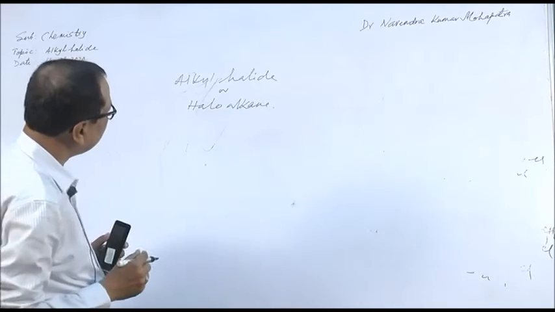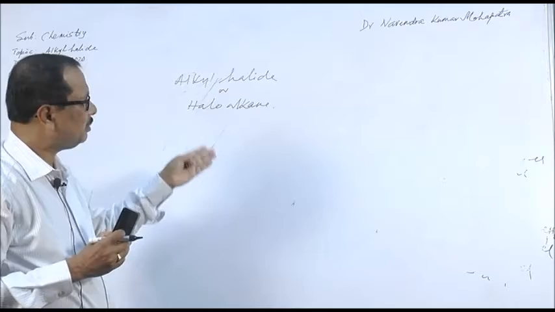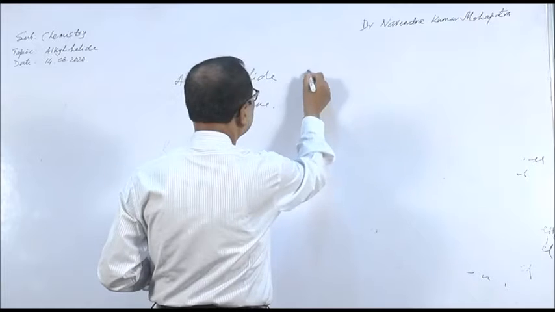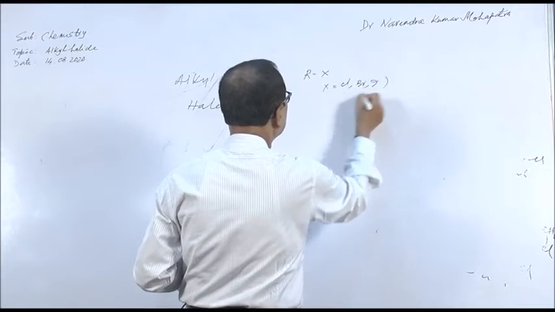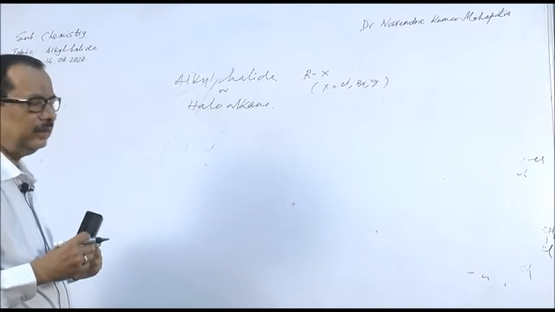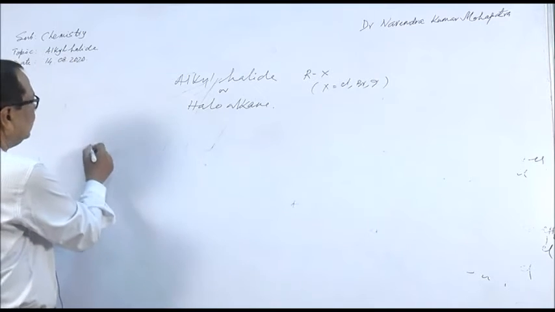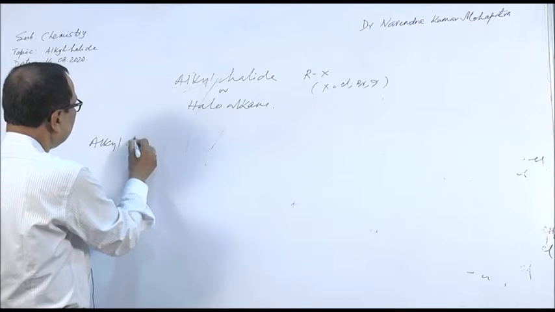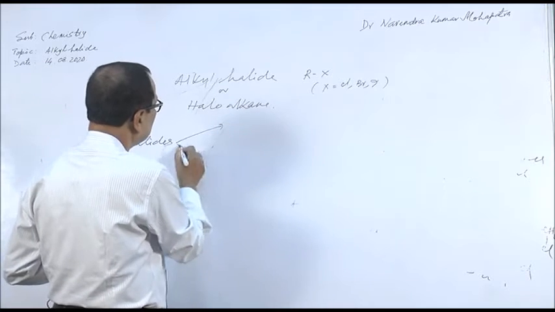As I have told you, the alkyl halide is that where one hydrogen atom is replaced by one halogen atom. The general formula is RX, where X is chlorine, bromine, and iodine. Alkyl monohalides may be further classified into three categories.